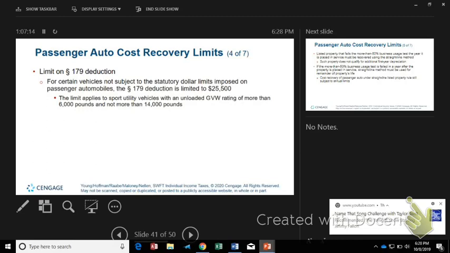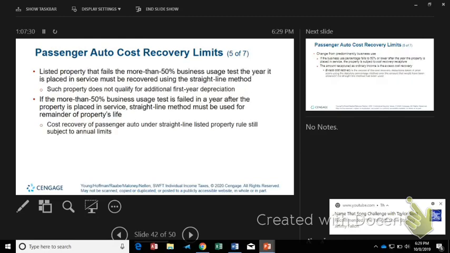All right, so the pound limit is 6,000 pounds to 14,000 pounds. So that's a bigger, I don't know if you're familiar with it, but that's a heavier car. It usually goes up in weight to a bigger SUV type car or passenger automobile. And I think that's all it says on that.